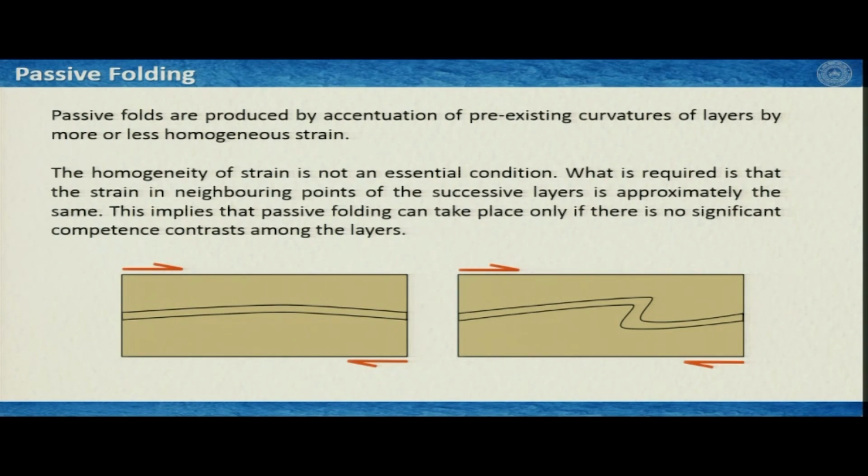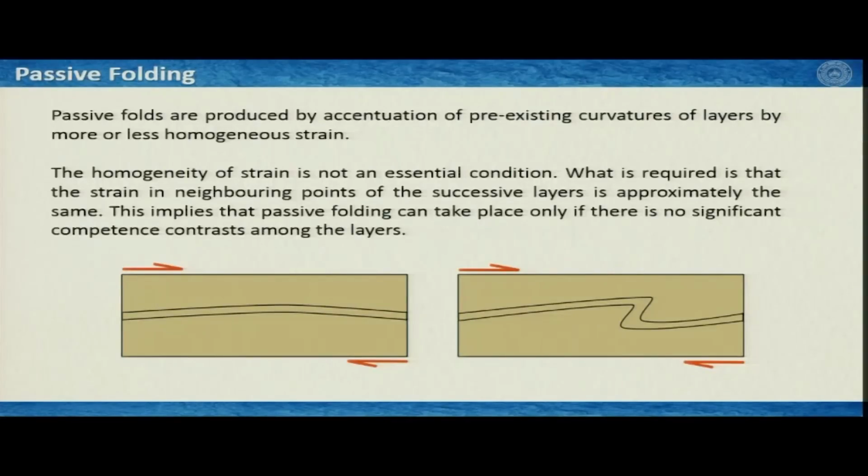You have to have, even at a very micro scale, a little curvature. So, when you produce a passive fold, you actually produce an accentuation of pre-existing curvature of layers by more or less homogeneous deformation. So, deformation all along the layers is more or less similar, or all along the body of the rock is more or less similar.